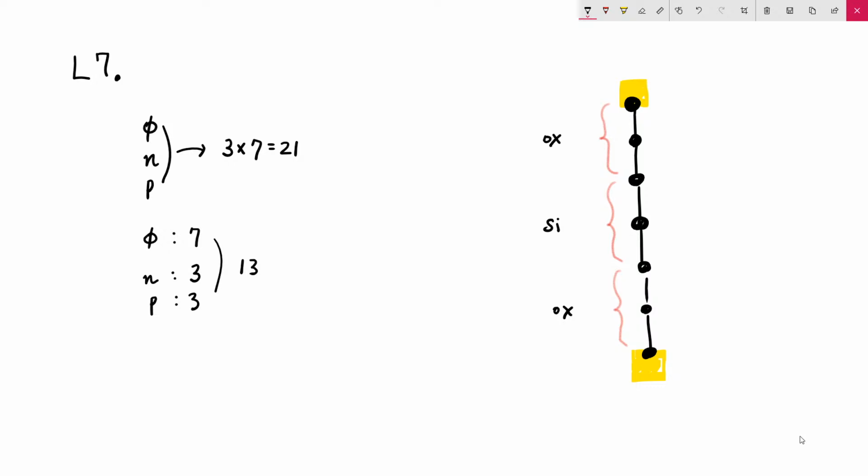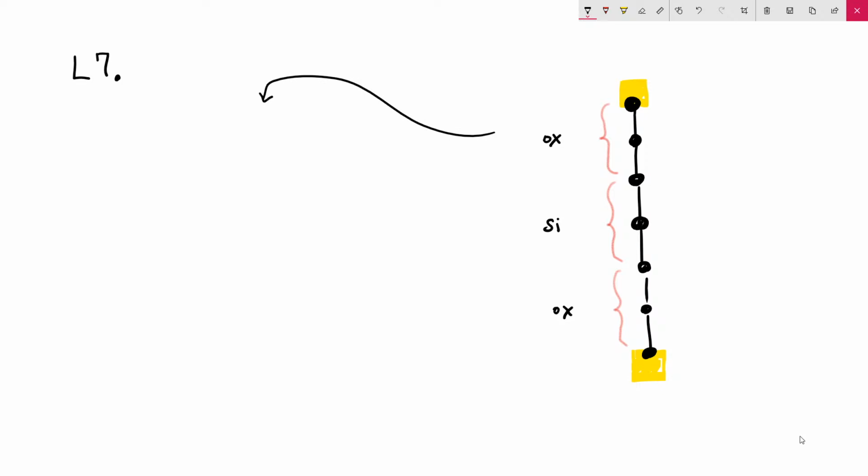Okay, then our main lecture starts from this one. Now we have just 7 points. Then let's think about the real case. So now we introduce variables.